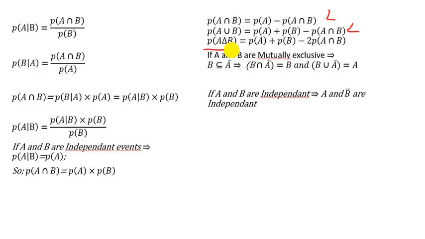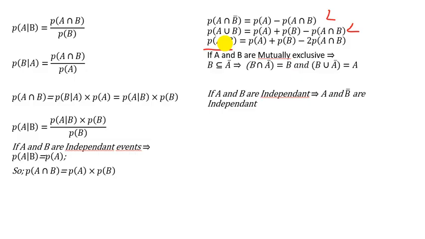Unlike the union, which says A and/or B, alone or together, so either A happens or B happens or both, the exclusive OR means either A happens or B happens, but they cannot happen together.